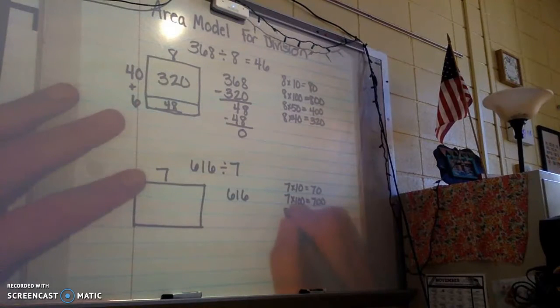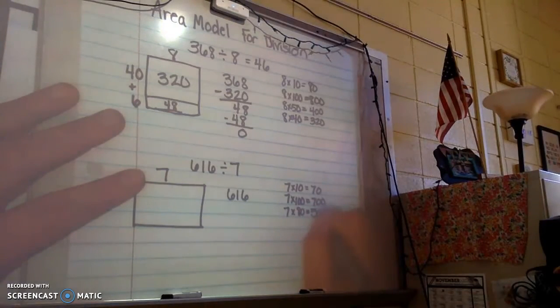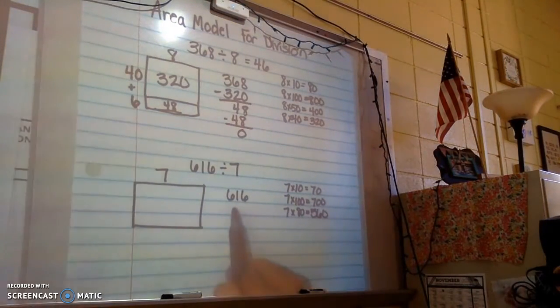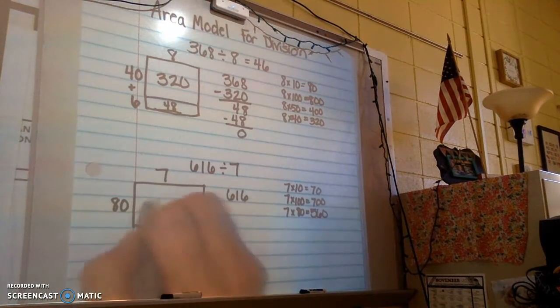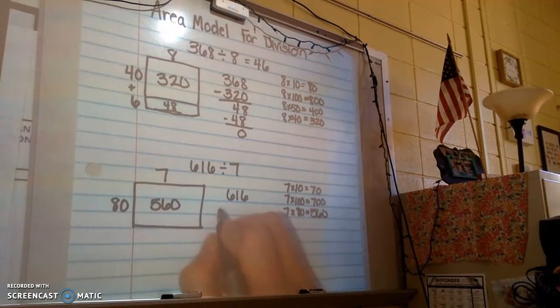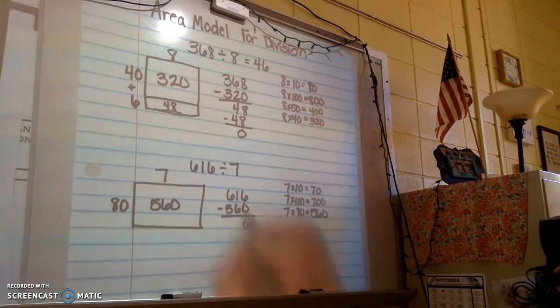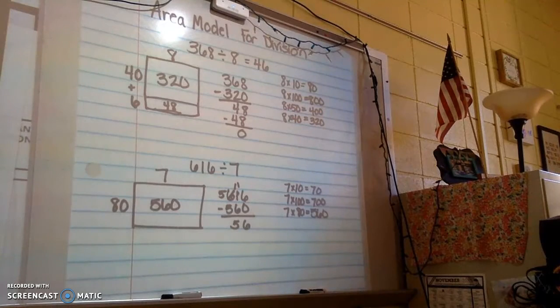Let's see, I know that 7 times 8 is 56, so 7 times 80 would be 560. Oh, that's pretty close. I think I'll do that one first. So 7 times 80 is 560. I'm going to subtract 560 from 616. Do some borrowing here. So I have 56 left over.